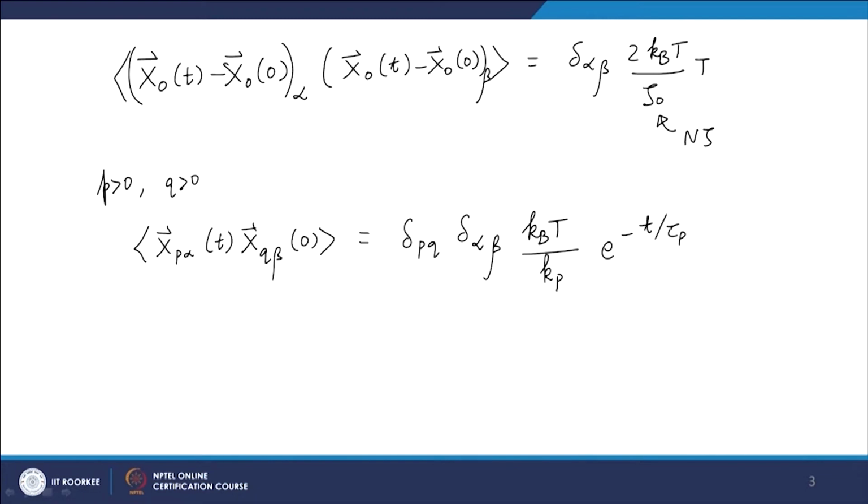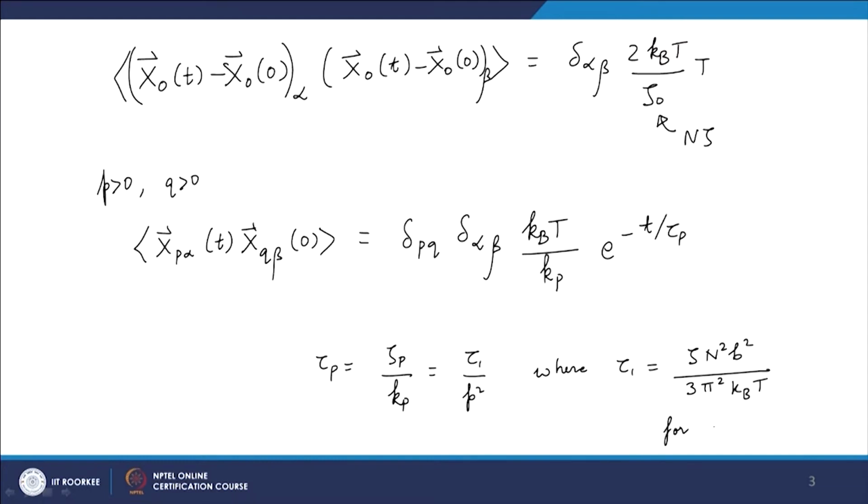I only put the final result here, where tau p is given as zeta p by Kp and is equal to tau 1 by p square, where tau 1 is what we get for p equal to 1, and this is for an ideal chain.